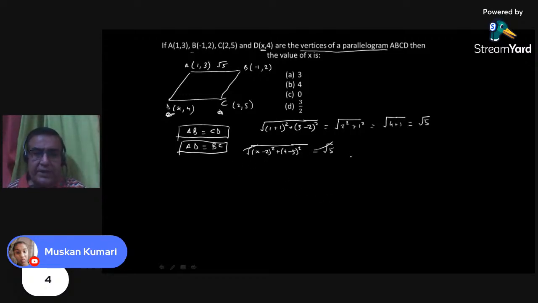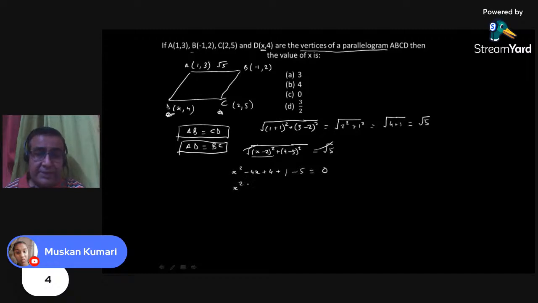So we get rid of the square root sign, we simplify this, we get x square minus 4x plus 4 plus 4 minus 5 is negative 1, negative 1 square is positive 1, and when we bring this 5 to the other side, that becomes minus 5 is equal to 0.